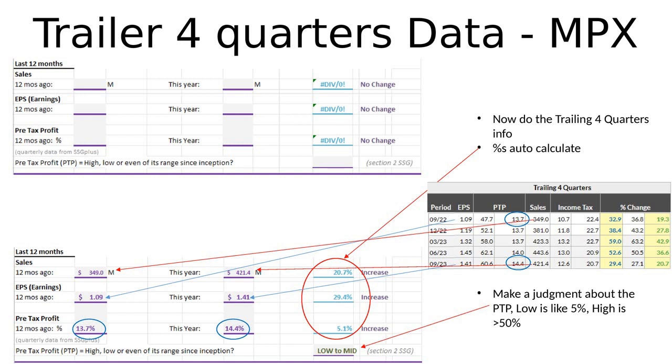This recent quarter. And sales for 12 months ago was 349 million. Now this is accrued on a yearly basis. It just keeps rolling. So whatever the next quarter, let's say the next quarter was 30 million, then it would add to the 421 to make it 451 million. So it's a rolling, right?